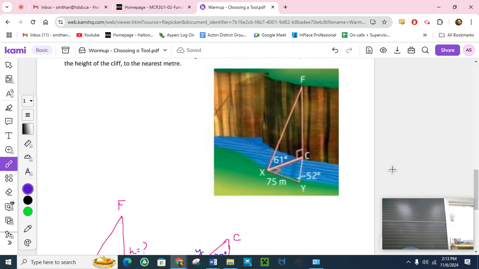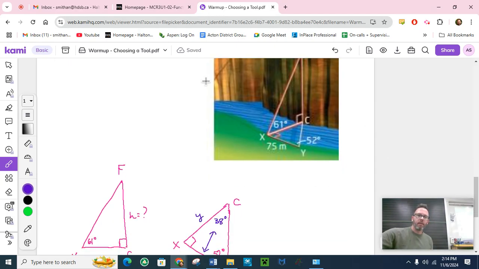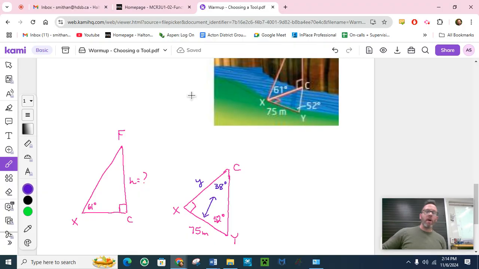Now, is your issue that this angle looks acute, but it's saying it's 90 degrees? That's because this is a drawing of 3D real life on a 2D piece of paper. Anyway, yeah, let's finish solving this one.